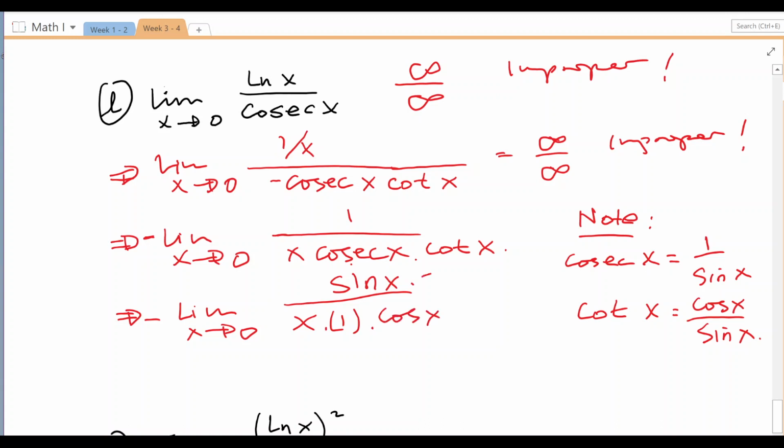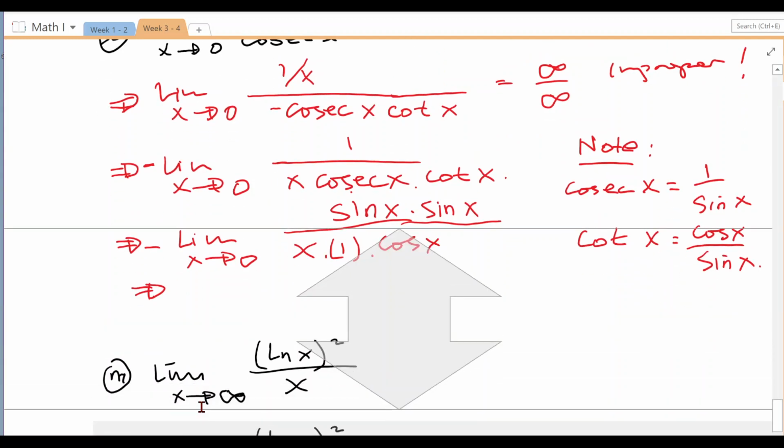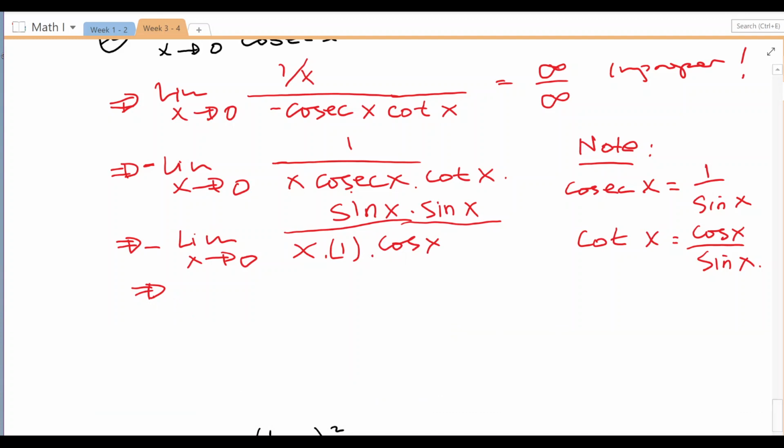That's another sine x. So the limit becomes negative limit as x approaches 0 of sine squared x over x cos x.